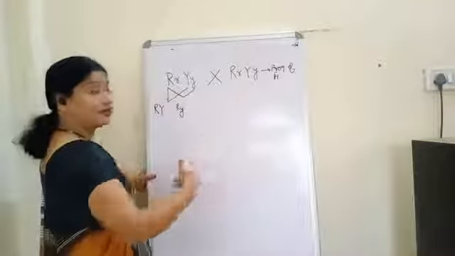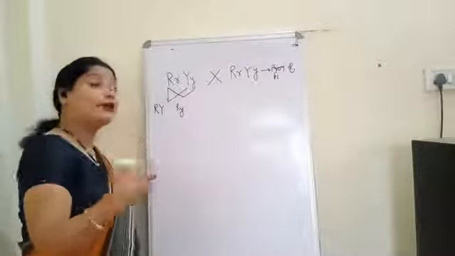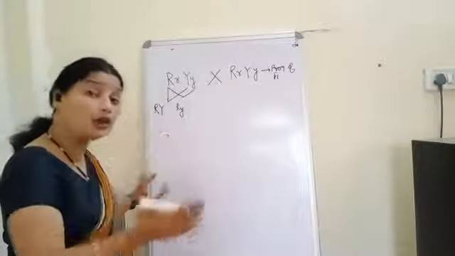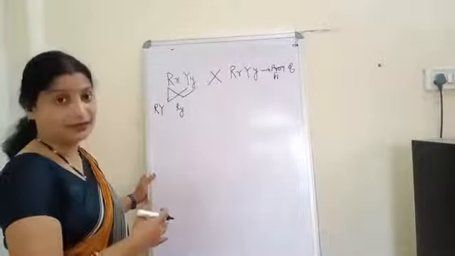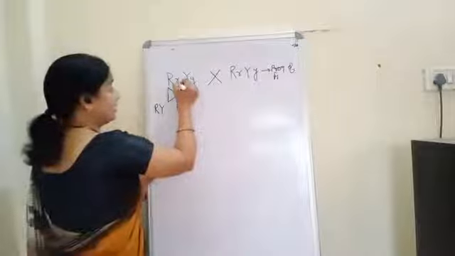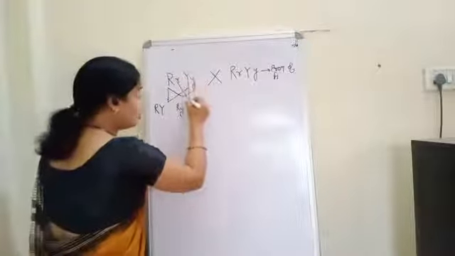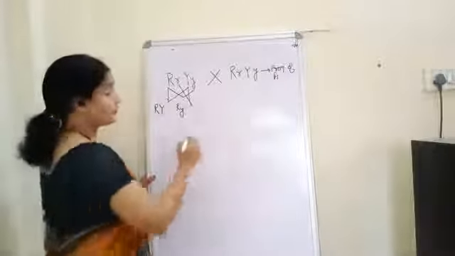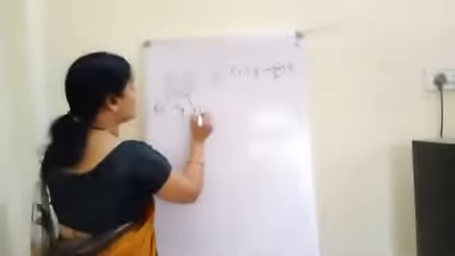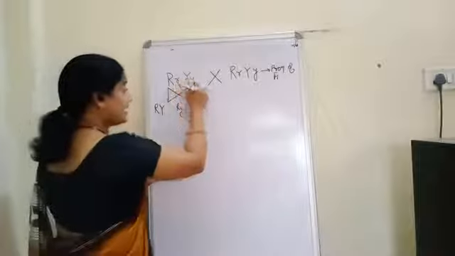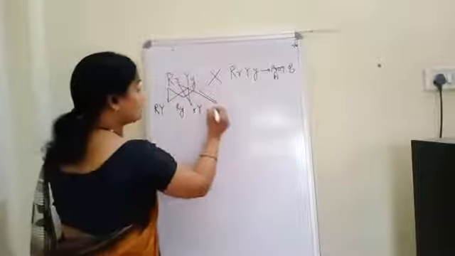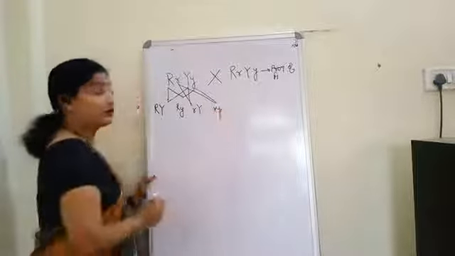I am just taking out the gametes, making all the possible combinations. Clear? This R will be crossed with capital Y, and the same R with small y, then small r with capital Y, and small r with small y.